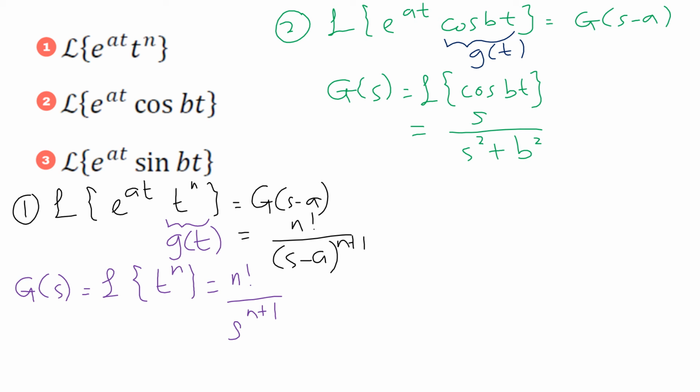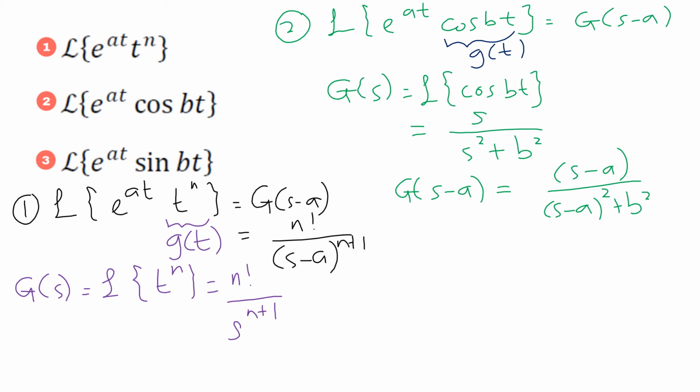Alright, so we're going to shift G(s) to G(s minus a), which equals (s minus a) divided by (s minus a) squared plus b squared.